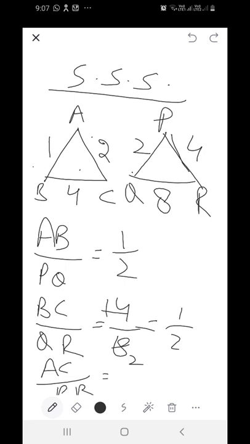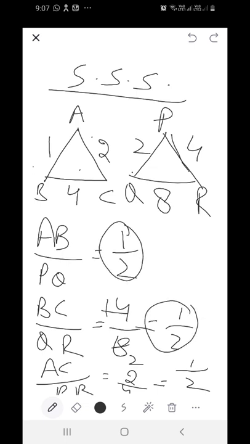That will be 2 upon 4, that also comes out to be 1 upon 2. So AB upon PQ is 1 upon 2, BC upon QR is also 1 upon 2, AC upon PR is also 1 upon 2. This shows that the three sides of triangle ABC are in same proportion with the three sides of triangle PQR.